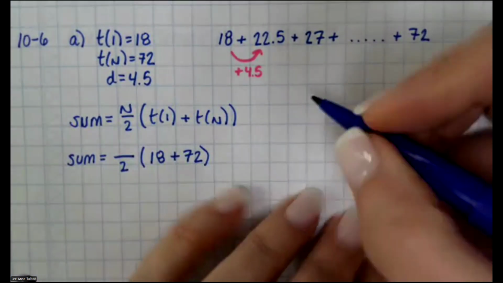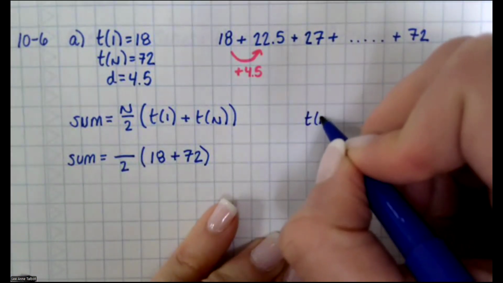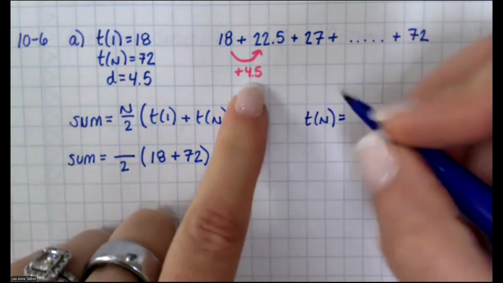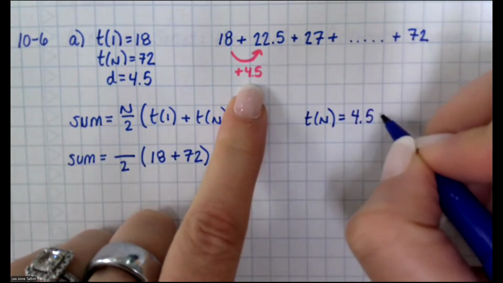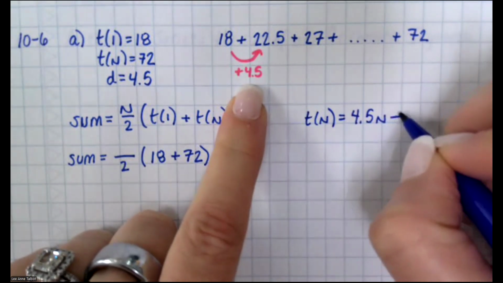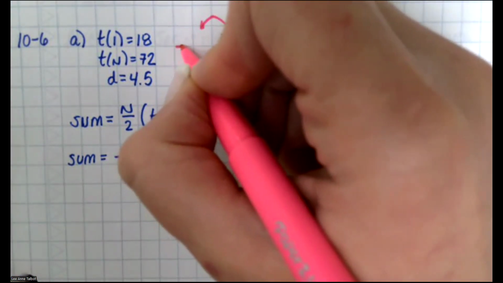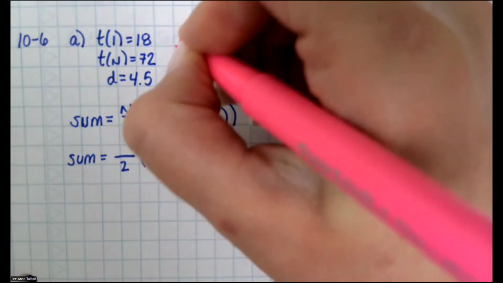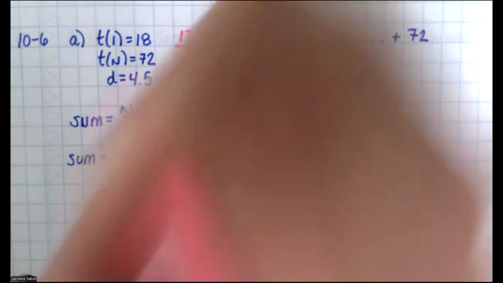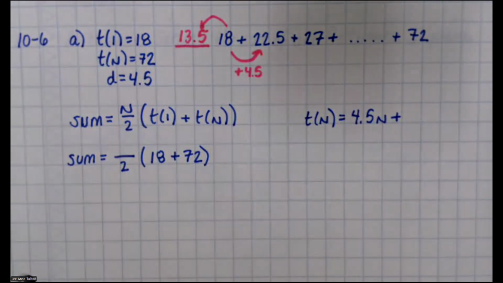They'll both work. T of n equals 4.5 n plus 13.5, yeah.